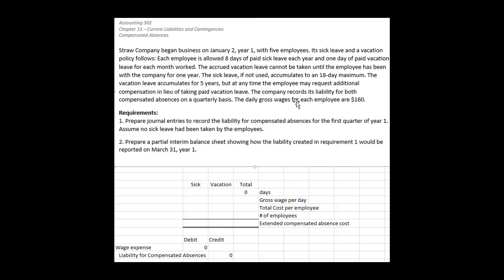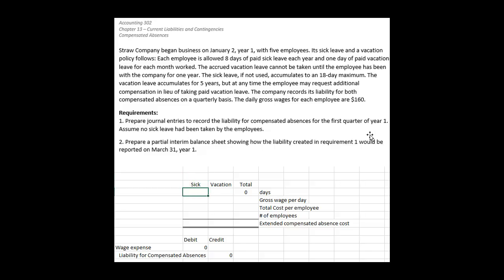So what I've done here is I've created this little table, based on the information presented in the problem. Kind of a lot to swallow just looking at one big paragraph. But what we're told is that there are 5 employees, each one earns or is allowed to use up to 8 days of paid sick time every year, and they earn a day of paid vacation as well for each month worked.